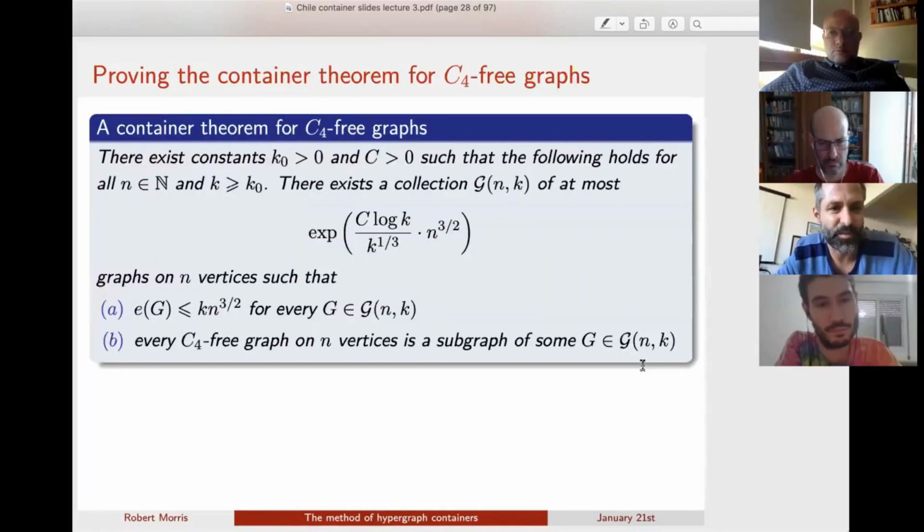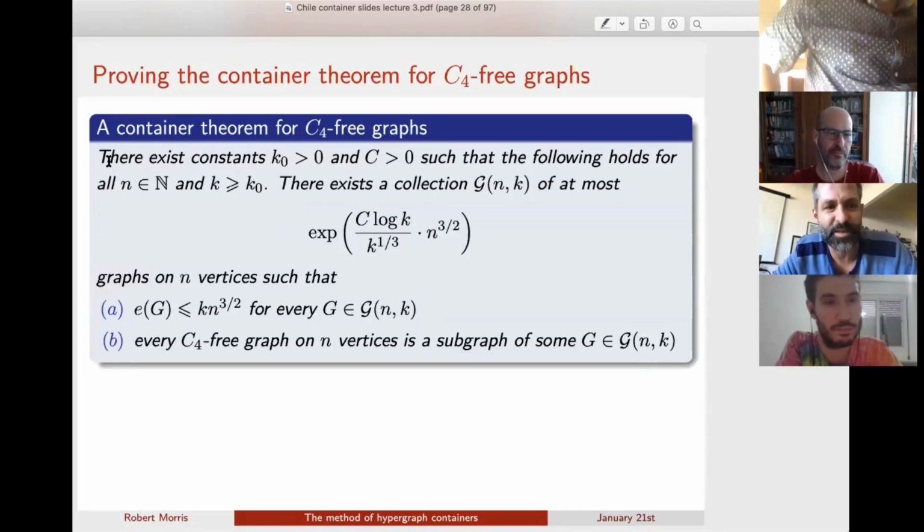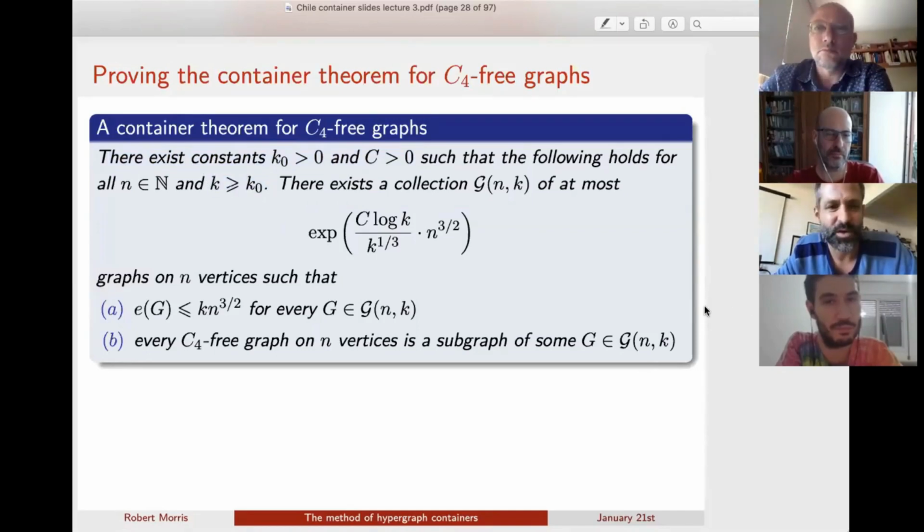Okay, so how are we going to prove such a container theorem? Here is the same thing, but slightly more precisely. Now I've written that there are constants k0 and c such that this holds if k is bigger than k0. So we're going to apply the container lemma to some hypergraph.